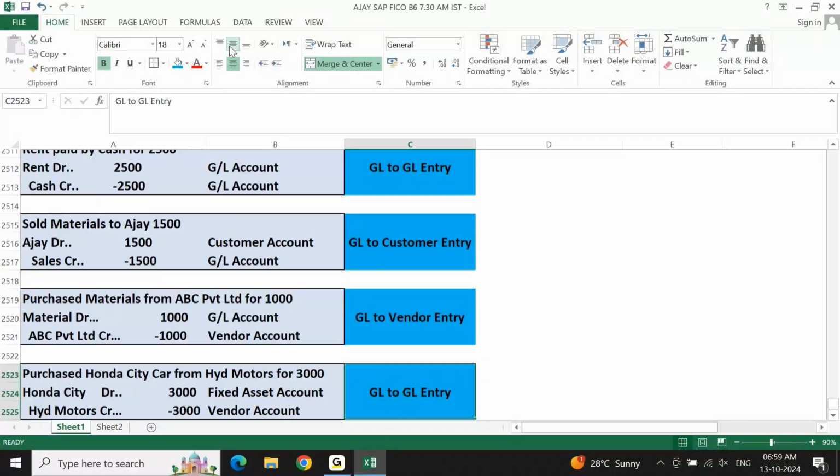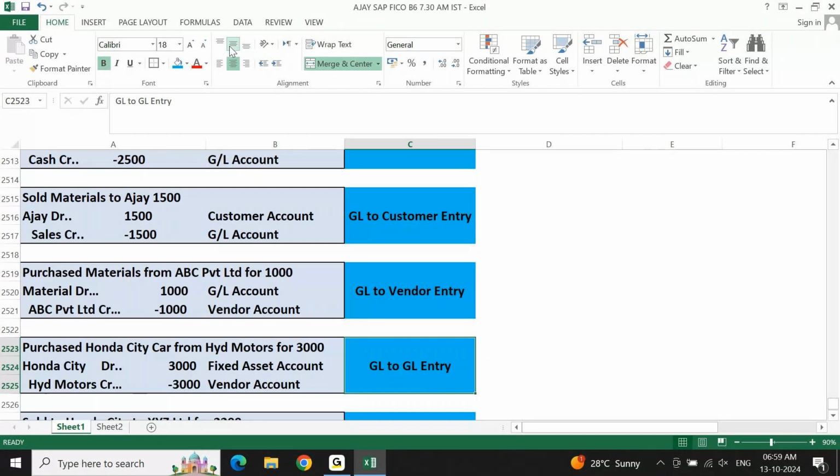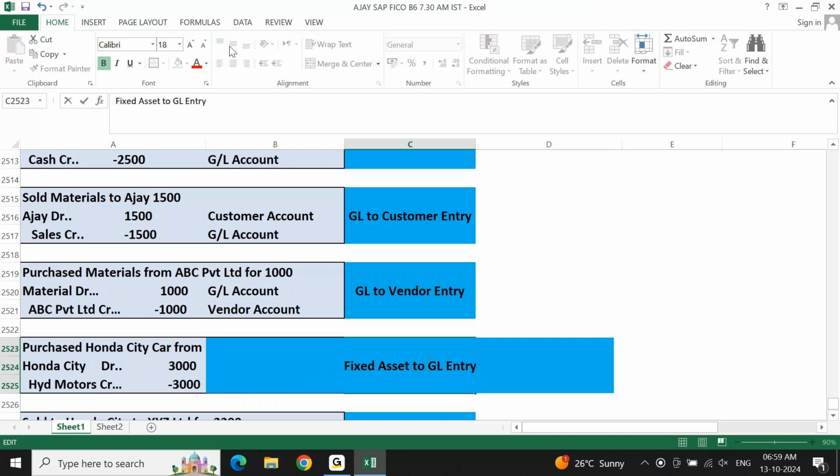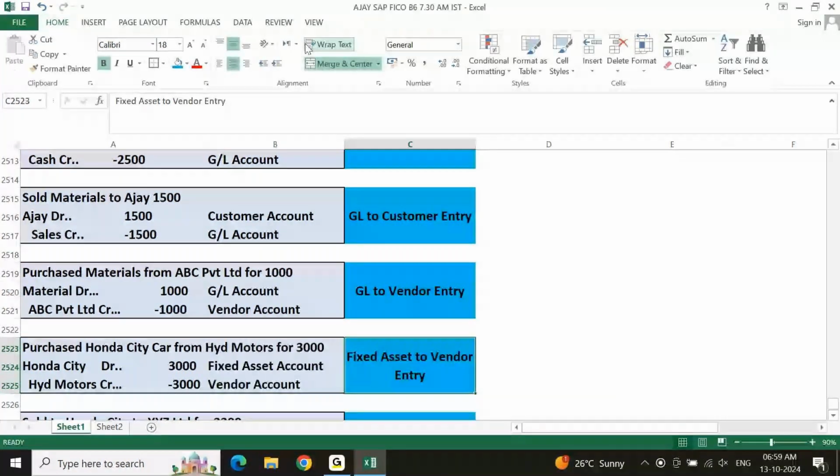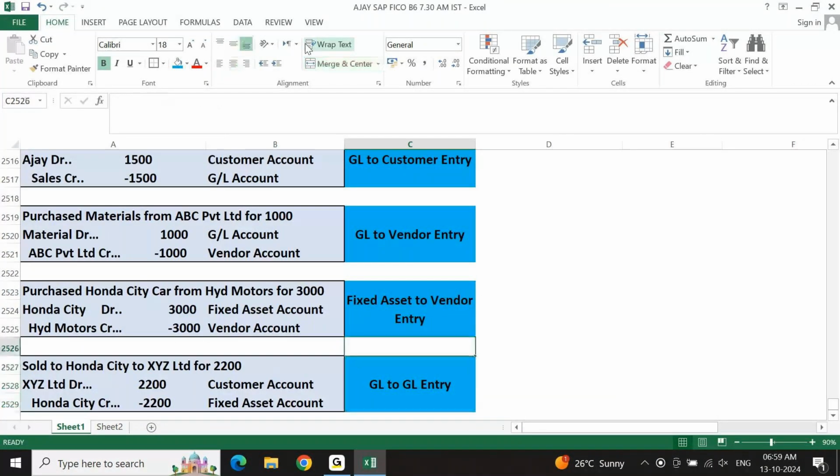This one is your subledger to subledger: fixed asset to vendor entry. This one is fixed asset to customer entry.